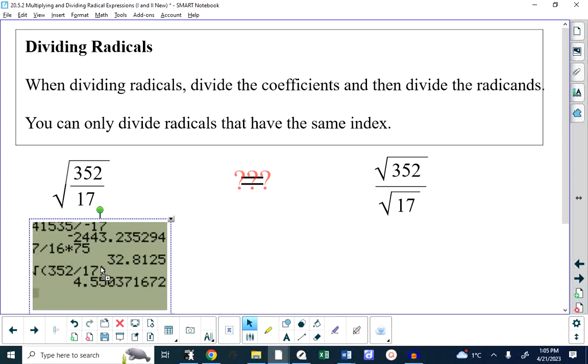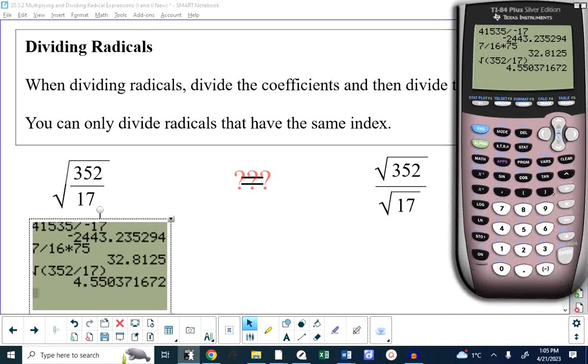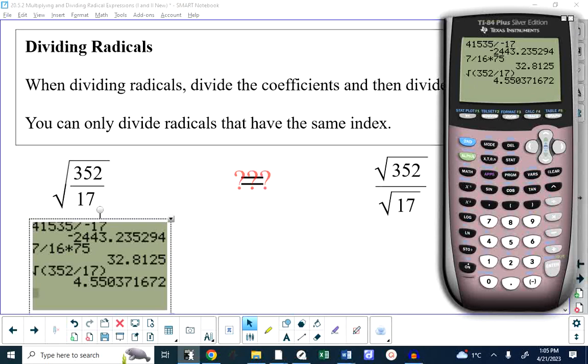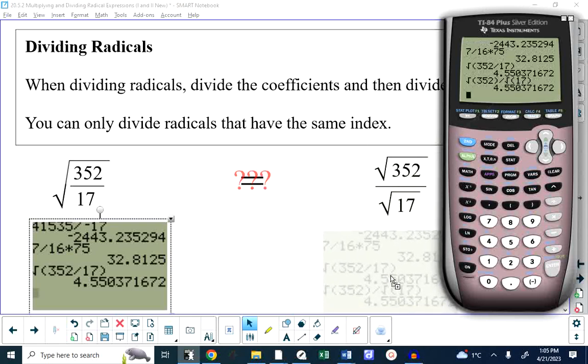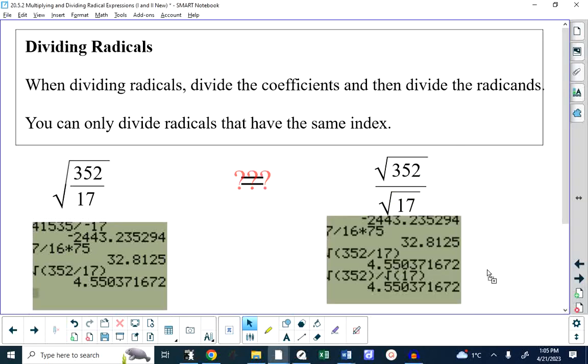If I calculate the right-hand part of the screen, I have the square root of 352, and I have to close the brackets on that argument, divided by the square root of 17, and you get the same number. Now, I can't prove to you that the decimals are the same to infinity, but I'm not here to mess with your mind. The numbers are the same. So this is the rule we have.